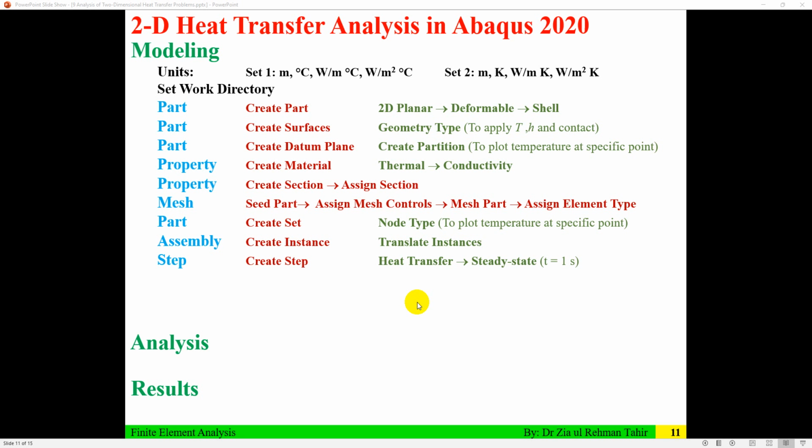Next step is to create step, and that is a heat transfer. Although it is a transient problem, transient heat transfer, initially I'll solve it using steady state and time is 1 second.